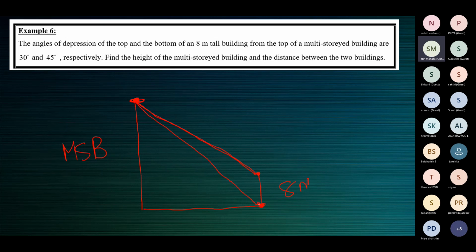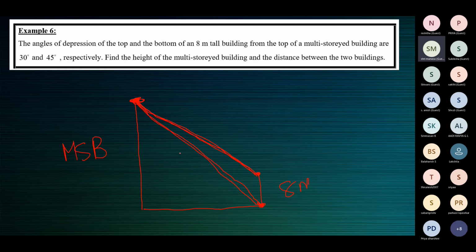Two different lines of sight, from the same point, because the eye of the observer is here. Eye of the observer to the top of the building is one line of sight. From the eye of the observer to the bottom of the building is the other line of sight. It's not a double line, children. Don't mistake this.